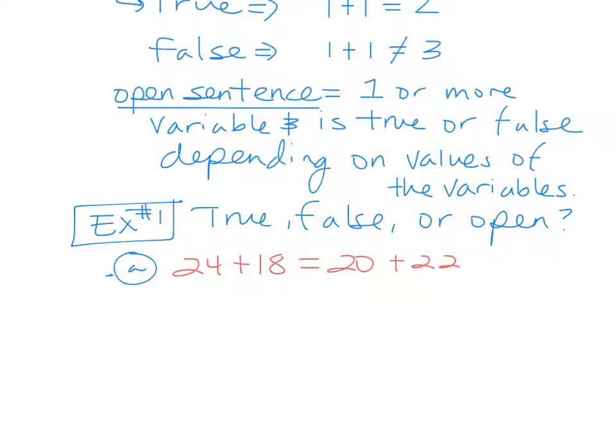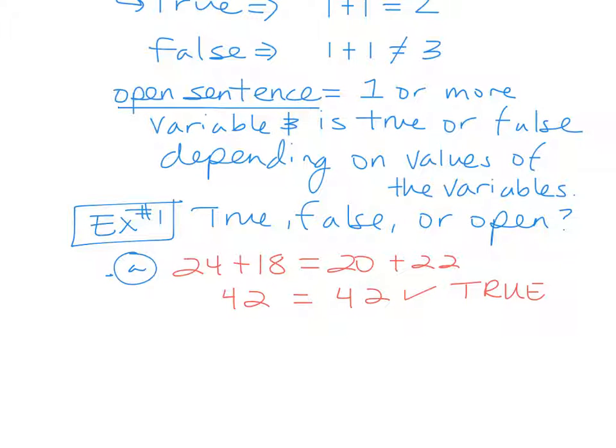True, false, or open? Yeah. True. Why is it true? Because 24 plus 18 equals 20 plus 22. Right. So they both equal 42, right? This is 42. This is 42. So when they're both equal like that, that is true.